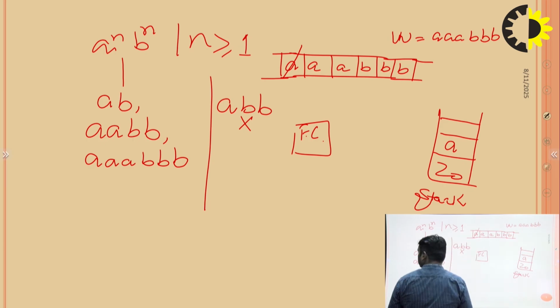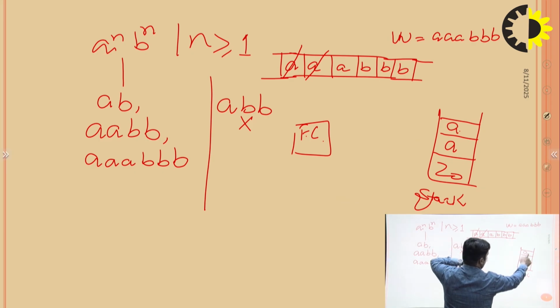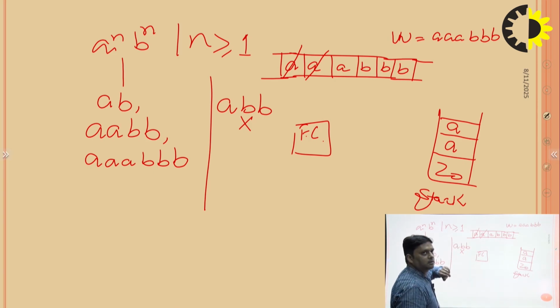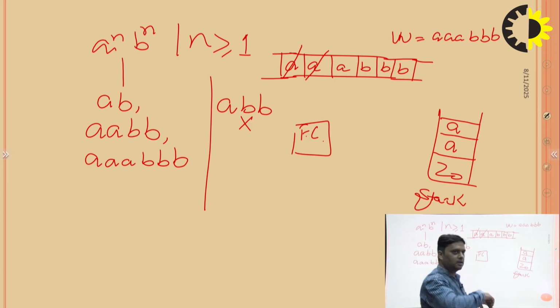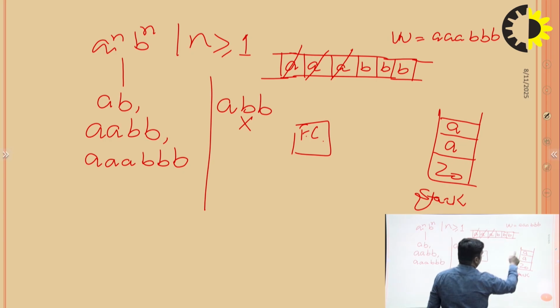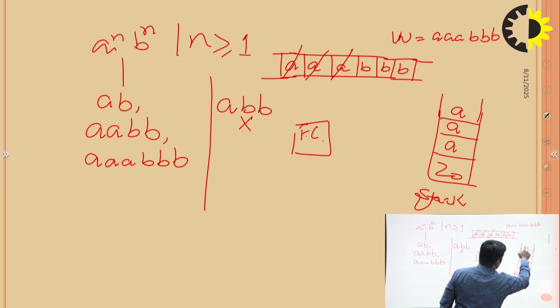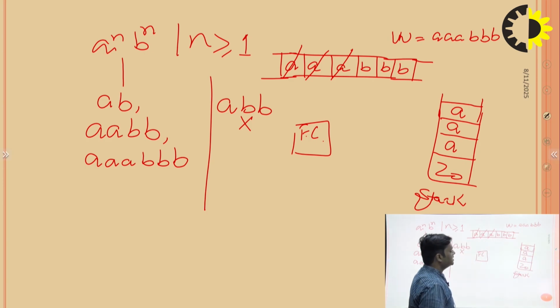Next we get the second a, also put it in the stack, and a push operation is performed here. Until a occurs, it will be stored in the stack, means push operation will be performed. Now all the a's are pushed in the stack.